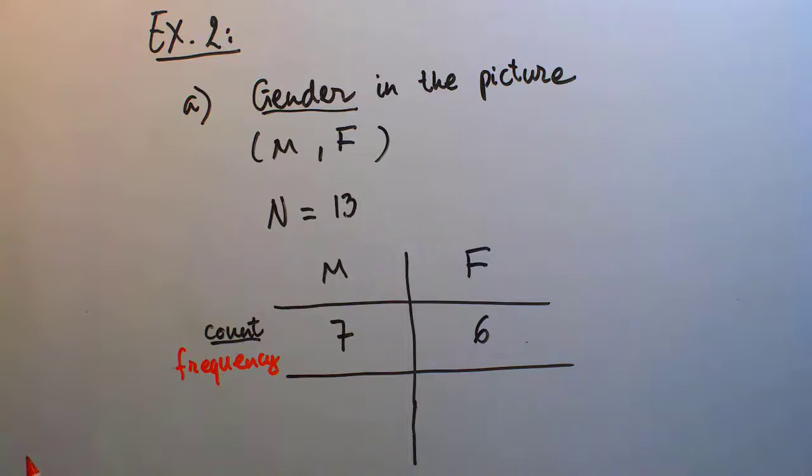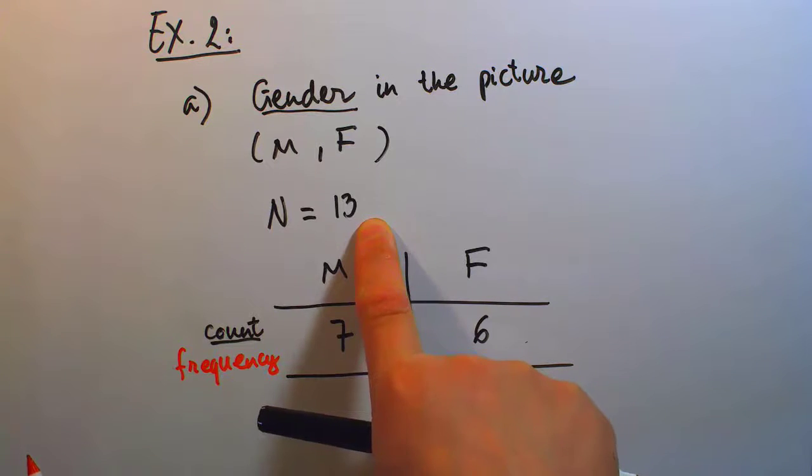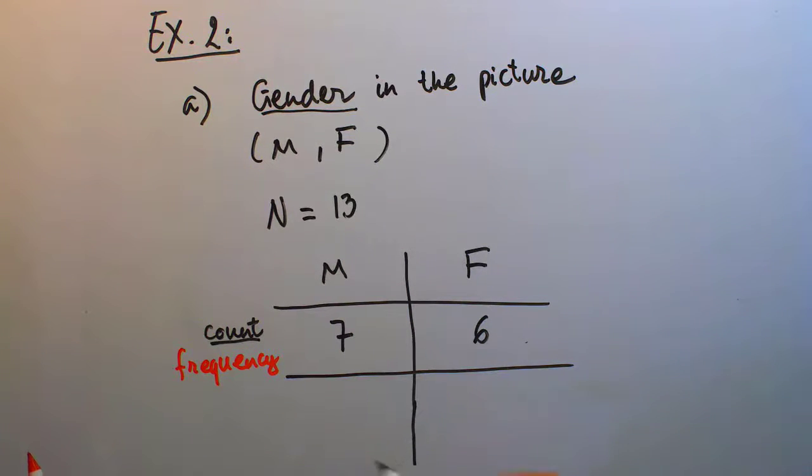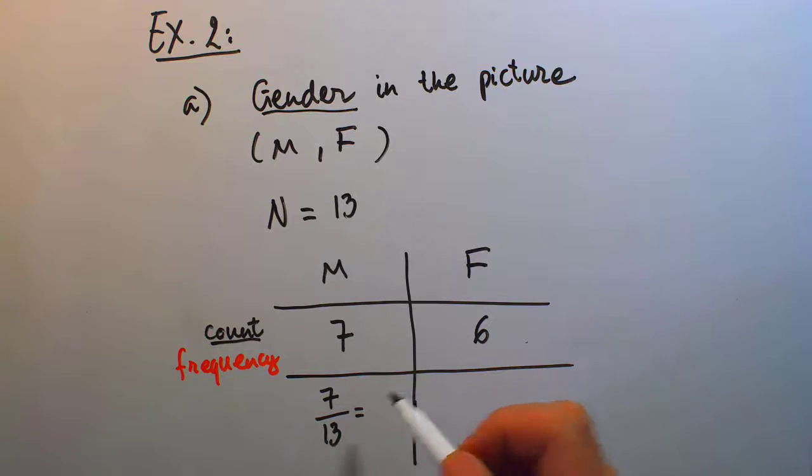But once again, taking advantage of the total we already had previously, n equals 13, I can put 7, the actual frequency of the male value, as a fraction over 13. And this fraction as a percentage gives me 53.85%. Let me rewrite my work here.